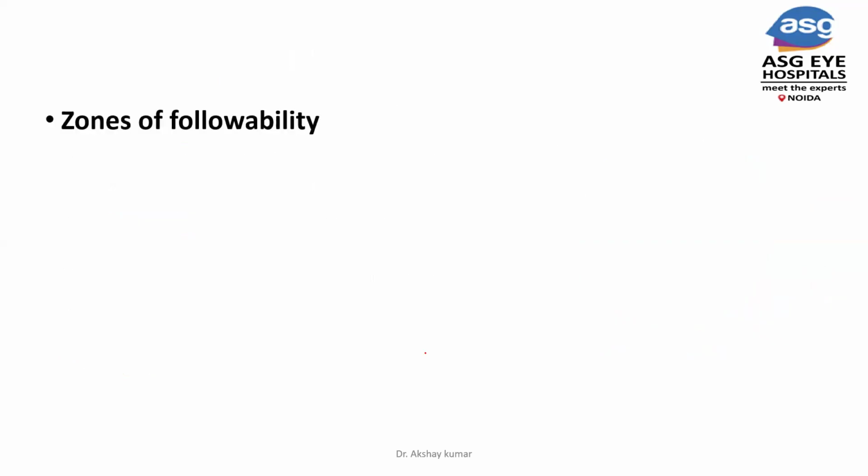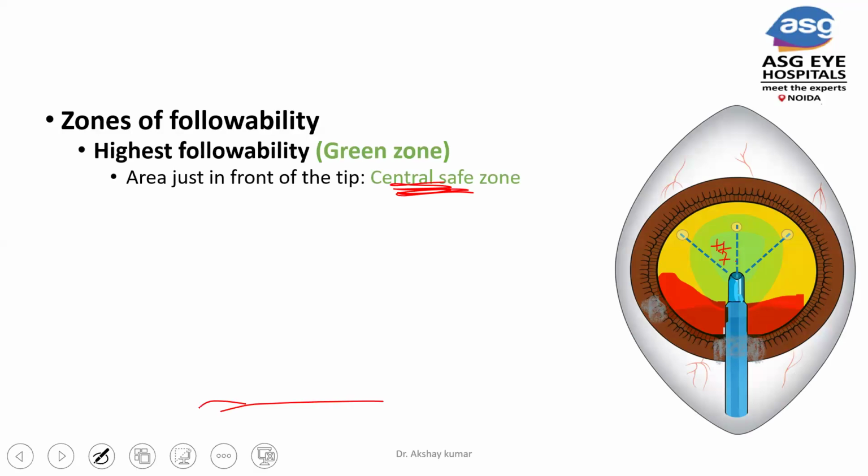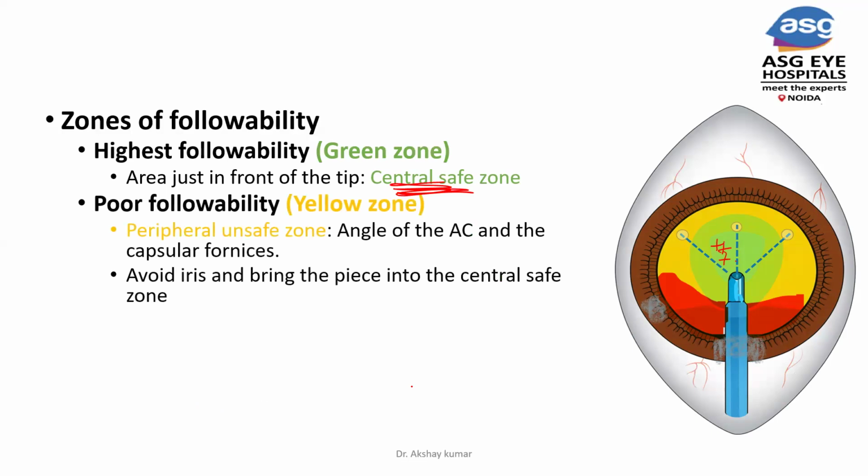The zones of followability have been divided into three zones. One is the green zone, which is the central safe zone and the area of highest followability. And one is the yellow zone here.